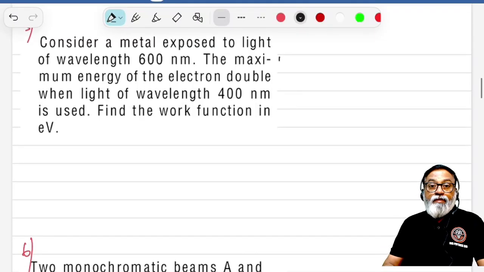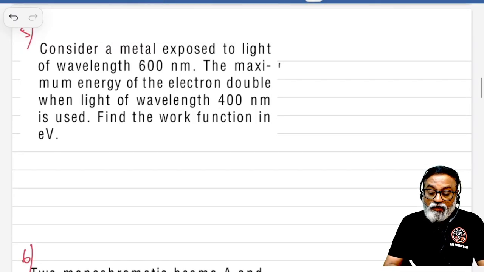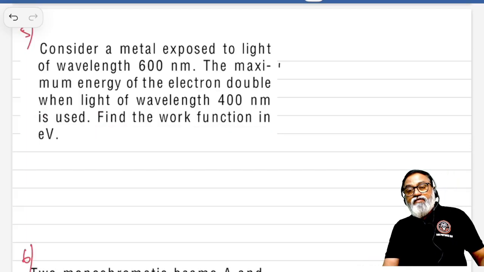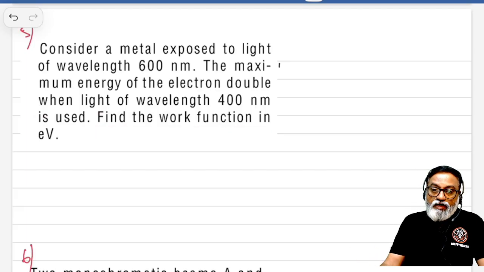Next one. Consider a metal exposed to light of wavelength 600 nanometer. The maximum kinetic energy of the electron doubles when light of wavelength 400 nanometer is used. Find the work function. So here, when the wavelength changes from lambda 1 to lambda 2, maximum kinetic energy doubles.